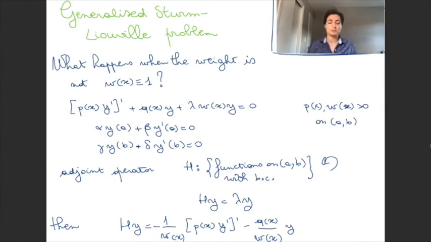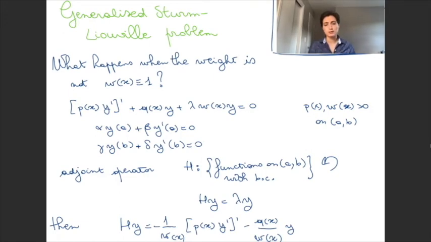If we want to define it as the operator that satisfies the standard eigenvalue problem, so Hy equals lambda y, then we have to define it as 1 over w(x) times the part that we had already. Why is this useful?